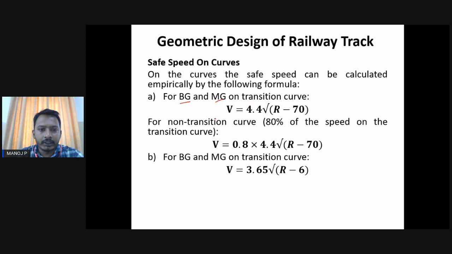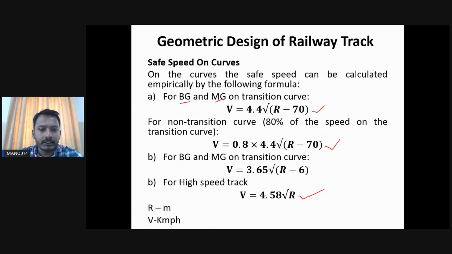Okay, if it is a narrow gauge on a transition curve, then it is 3.65 square root of r minus 6. And for a high speed track, the equation is v is equal to 4.58 square root of r. Normally, we will be using the first two equations. When they ask for a high speed track, then we will be using this equation.